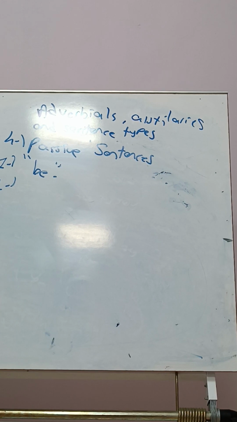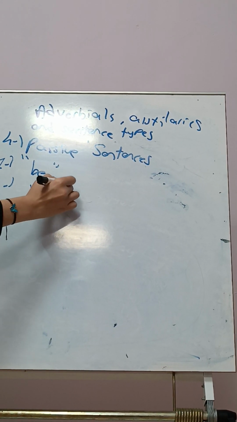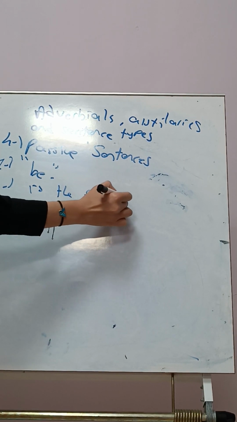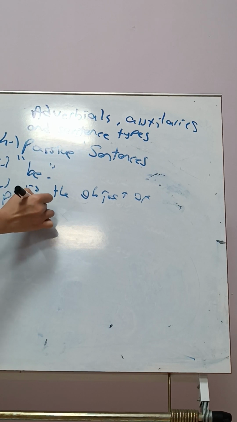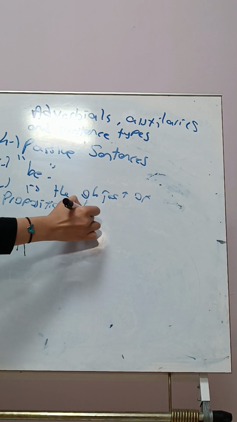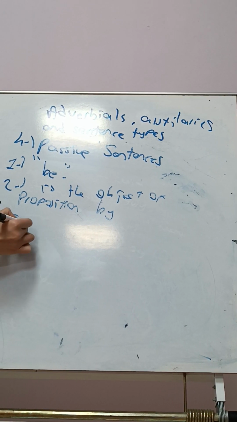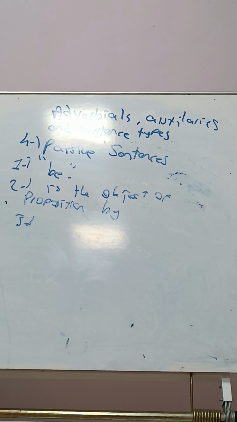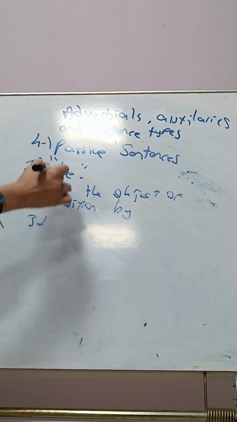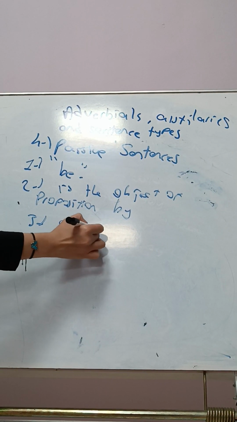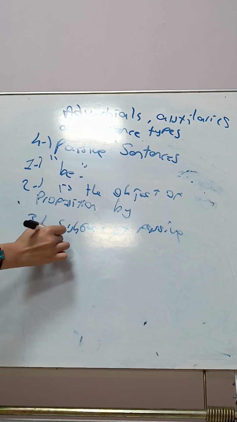Secondly, the subject of active sentences is the object of preposition by at the end of passive sentence. And thirdly, the direct object of active sentence is the subject of passive sentence.